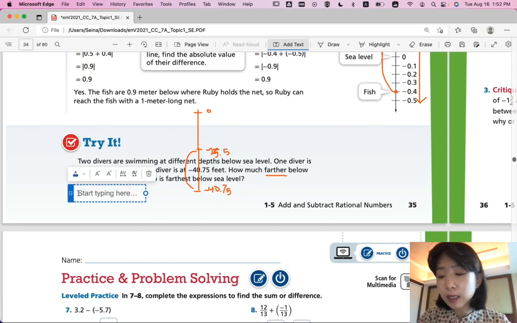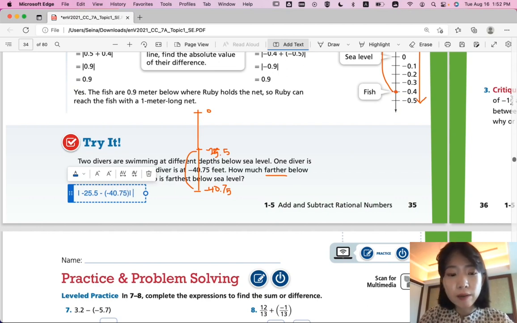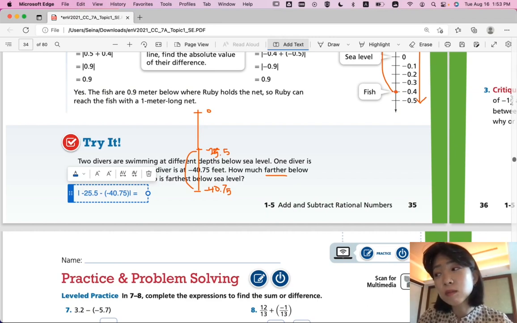So numerically, you can write the absolute value of negative 25.5 minus negative 40.75 and figure out your answer, because the distance between them is positive, because we're talking about how much further the furthest diver is than the other diver.